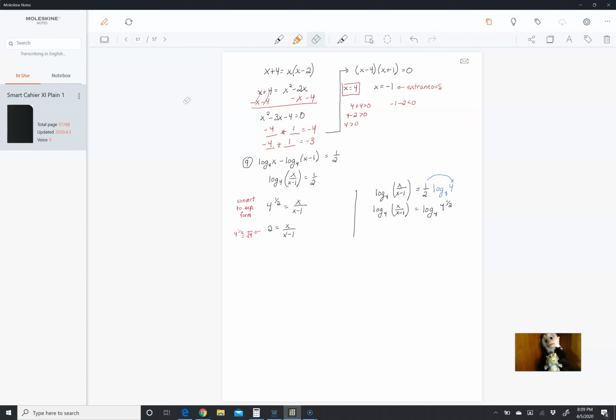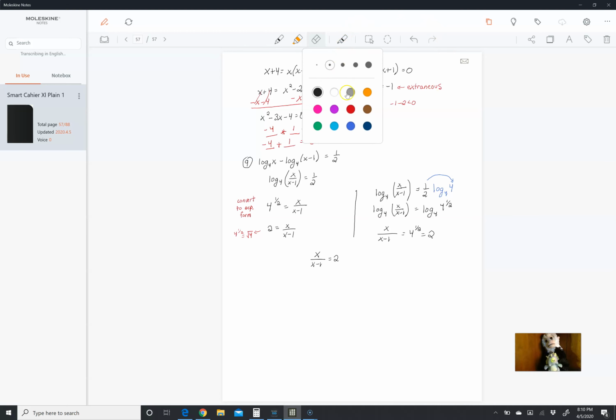Okay. And then we can set the arguments equal to each other. x over x minus 1 is equal to 4 to the 1/2, which is just 2. So this is where we meet up. x over x minus 1 equals 2. So I'll write that down here. And we could essentially do what we did before.